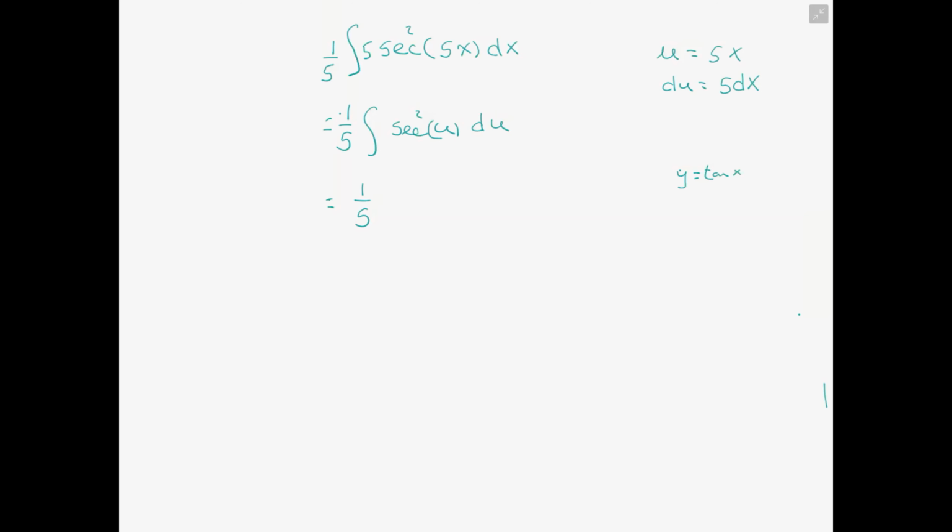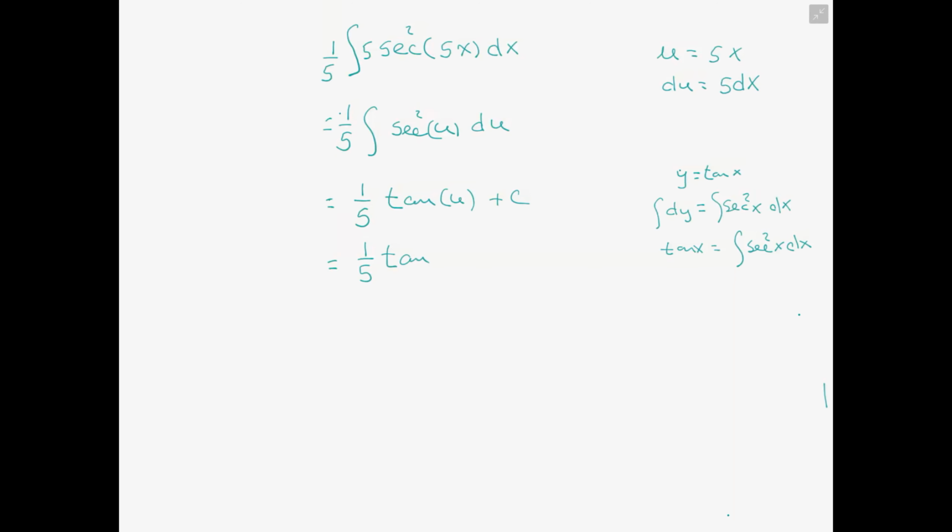And now from our knowledge of trigonometric functions, if we had y equals tangent x, then dy equals secant squared x dx, and that's what we have.